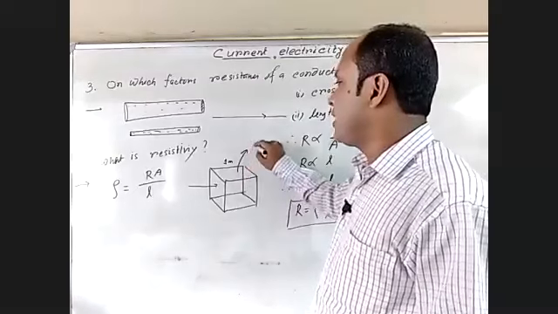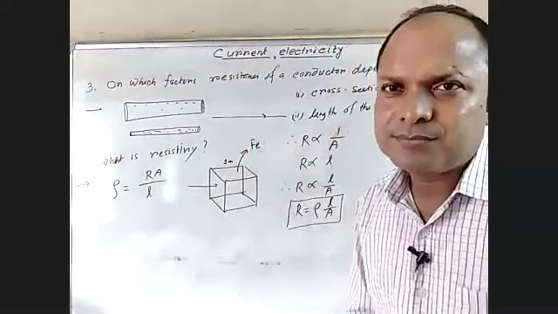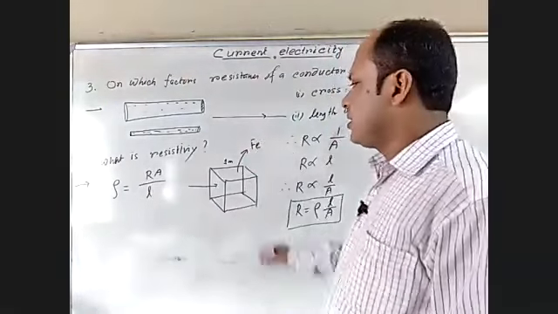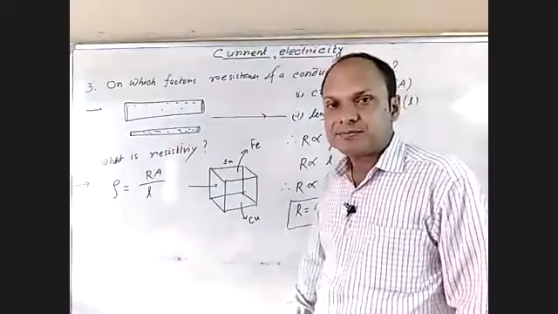If it is made of iron, it will be the resistivity of iron. If it is made of copper, then it will be the resistivity of copper.